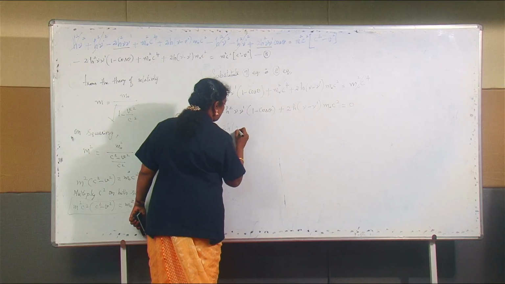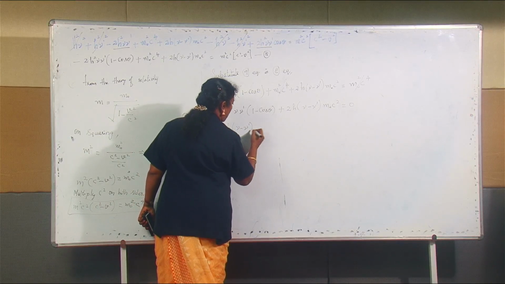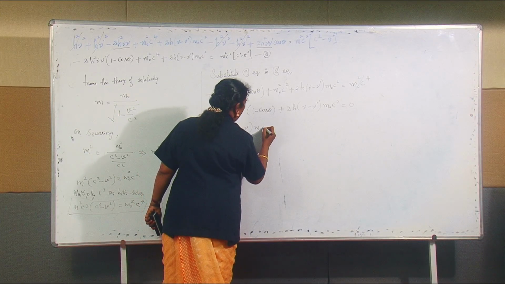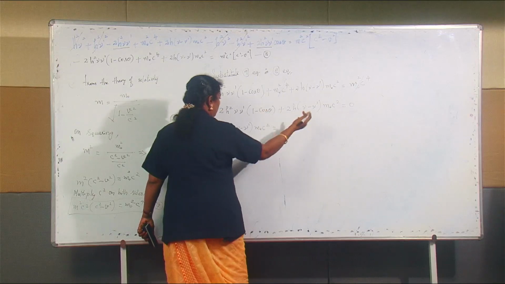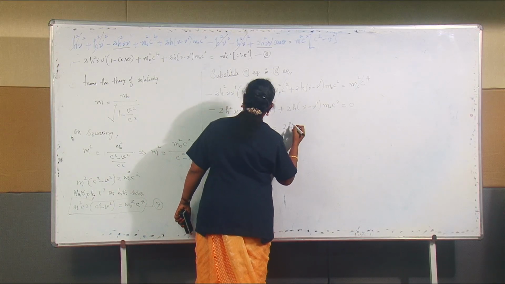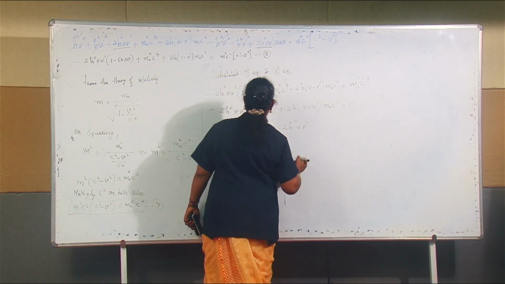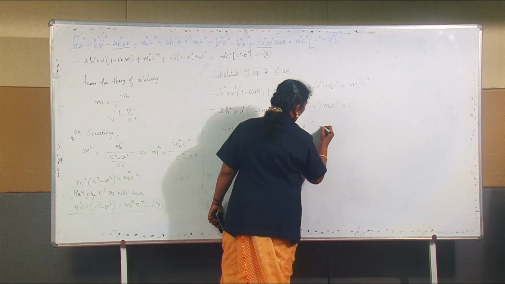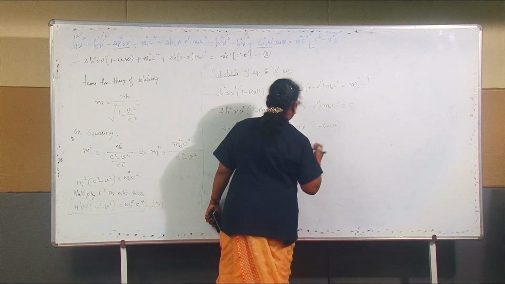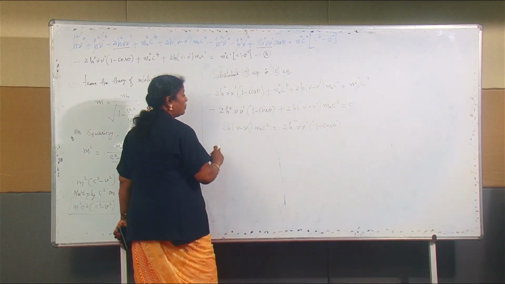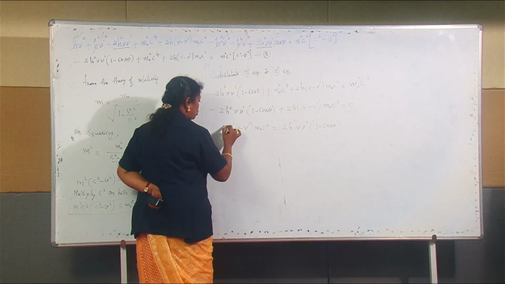We get 2h (nu minus nu dash) m naught c squared is equal to, bringing it to the side, 2h squared. The minus will be changed into plus. So, nu dash (1 minus cos theta). Is it right? Then, what are the common terms? Again, we have this 2h.